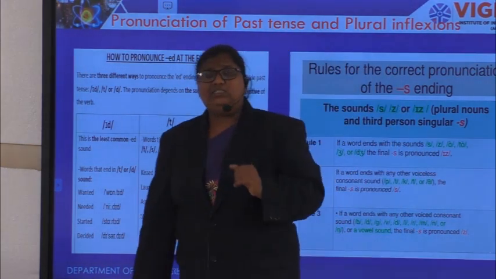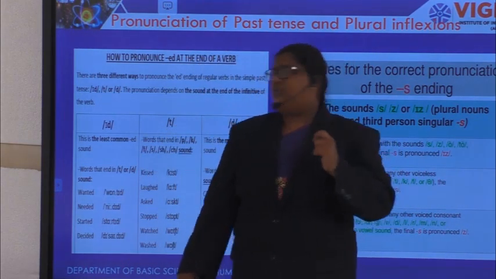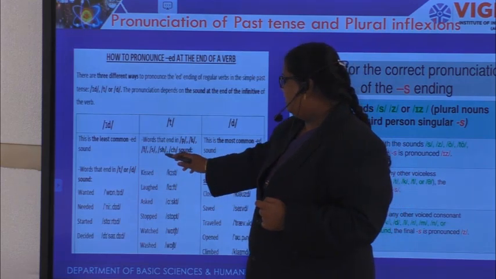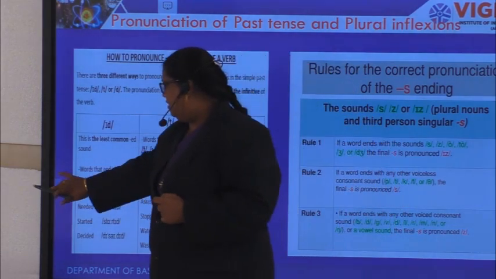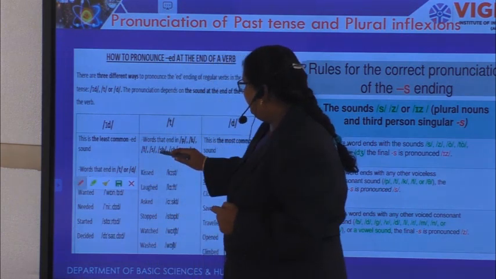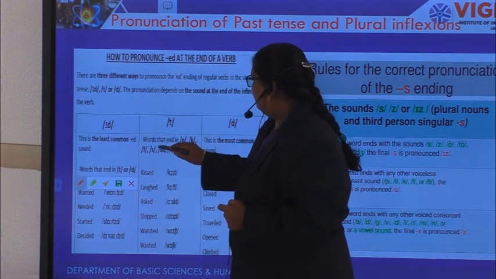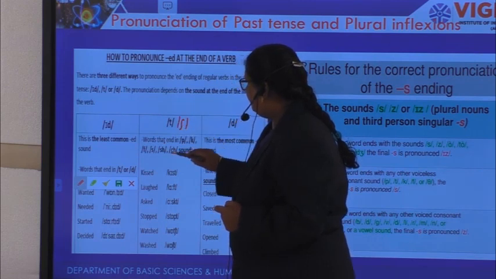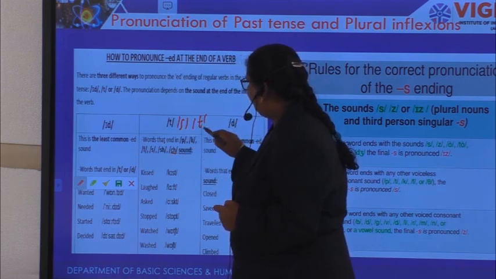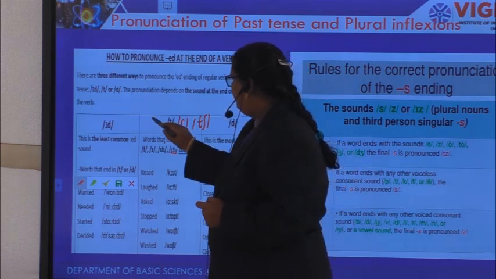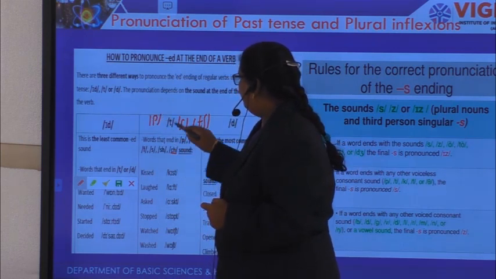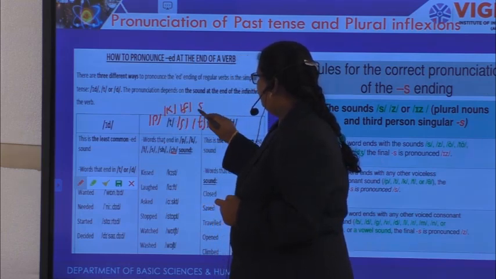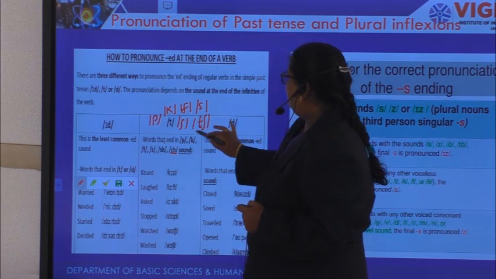If the word ends with p, k, f, s, sh, ch. It is written like this, but actually, if you see the transcription, this should be the sh sound and this should be the ch sound. So p, k, f, s, sh, ch.